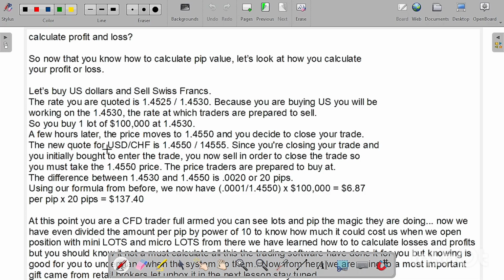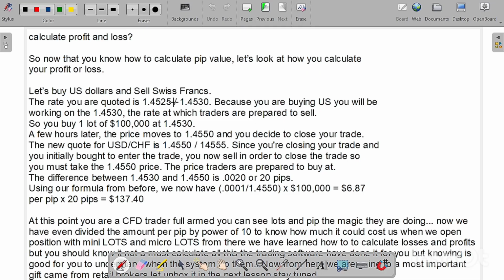The new quote for your USD CHF is 1.4550, and now this is the bid, and then the ask is 1.4555. So you can see there is a little difference in how quotes work.